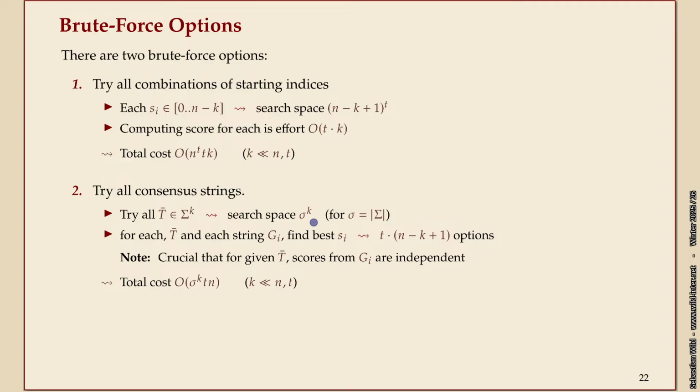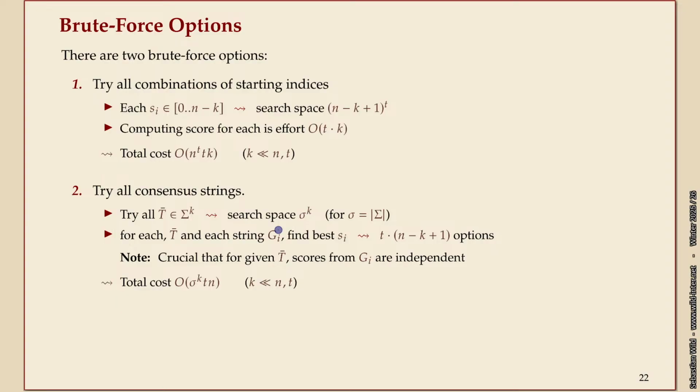That brings the search space to sigma to the k, still exponential, but at least k is the smallest parameter of the problem, because that's the length of the region we're looking for. And sigma, the alphabet size, is 4 in our case, so maybe this is, among the bad options, still the best. What do we have to do if we guess a consensus string?